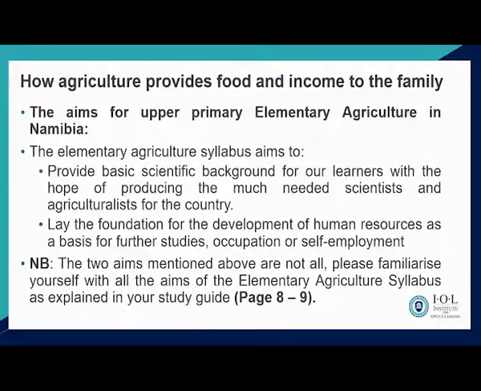It's also required for you to go to your study guide, pages 8 to 9, and read up on all of the aims of the agriculture syllabus. They are outlined clearly and in more detail there.